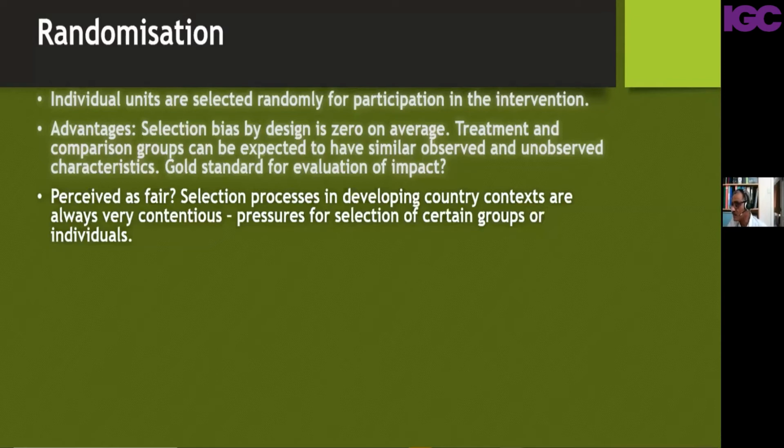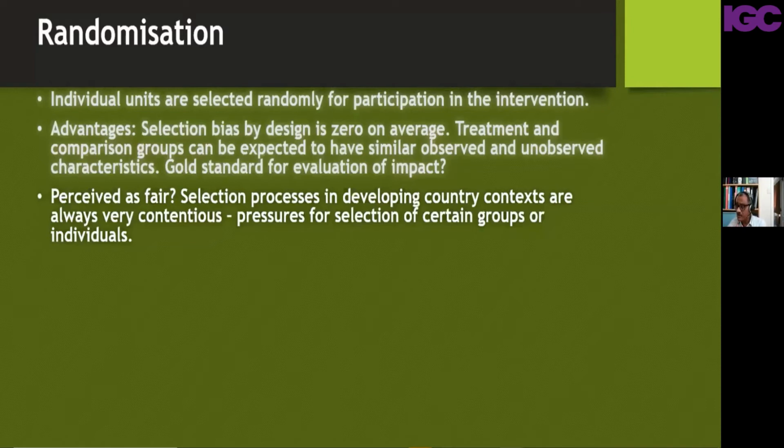So the treatment and comparison groups can be expected to have similar observed and unobserved characteristics. In some senses, randomization is considered to be the gold standard for evaluation of impact. Of course, that is also a matter of debate, but it has a number of advantages, because by design, it eliminates any kind of selection bias.